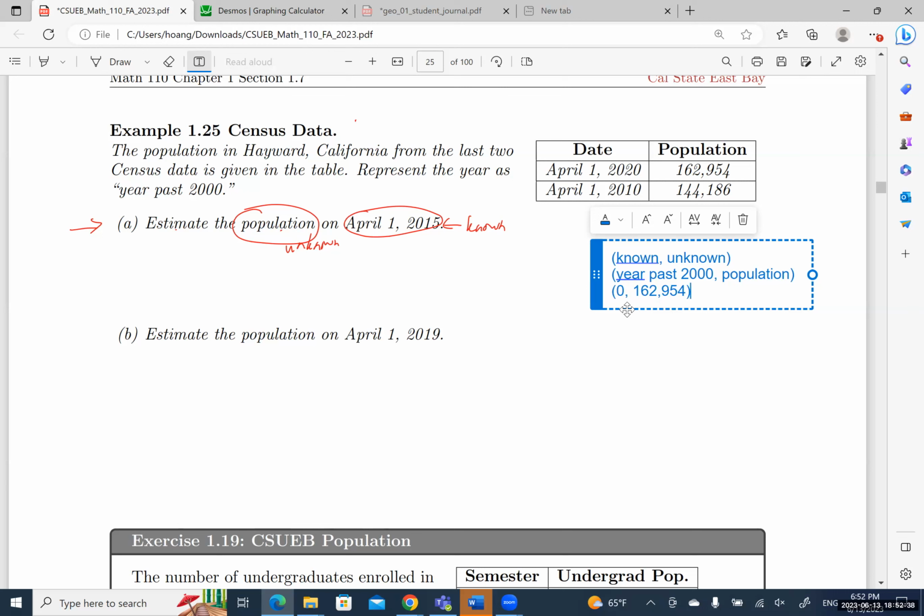That was 1 point. The next one is going to be 2010, which is 10 years after 2000, right? 10 years since 2000. So it's going to be 144,186.